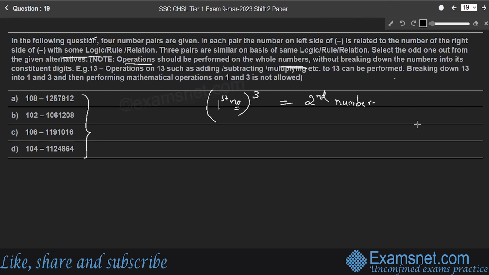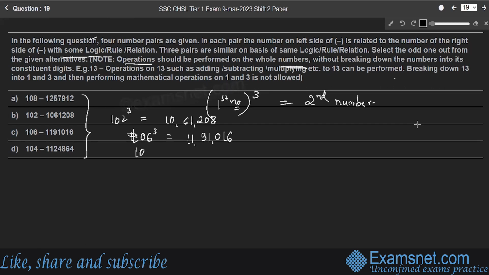The cube of the first number is equal to the second number. Here the cube of 102 is equal to 10,61,208, whereas the cube of 106 is equal to 11,91,016.